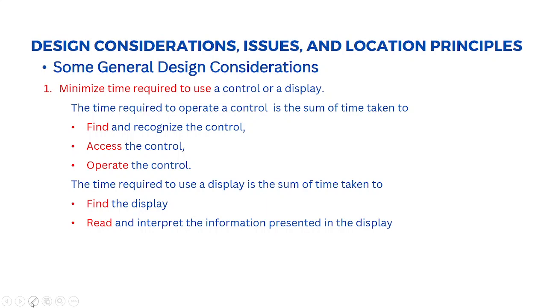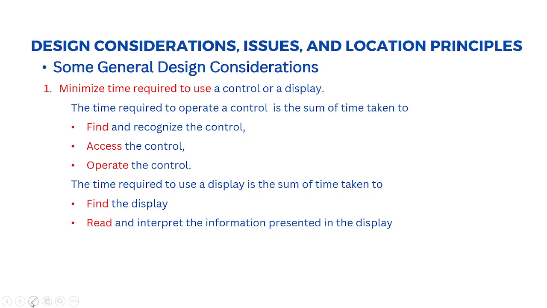Let's say you want to operate the volume button. You need to find the volume button, access it with your hand, and operate it to control the volume in your vehicle. That is the total time required, and it should be as minimum as possible.